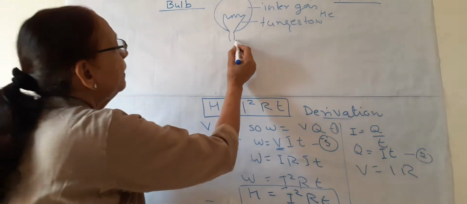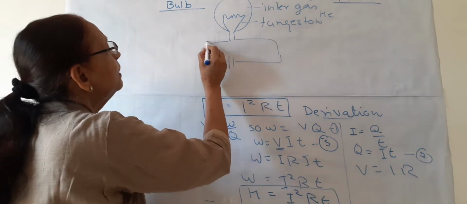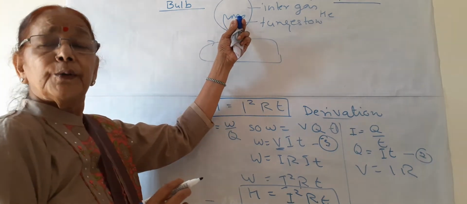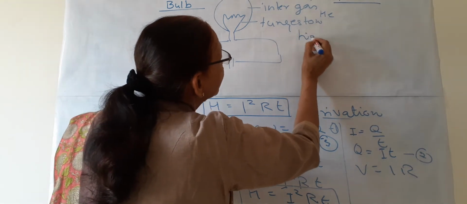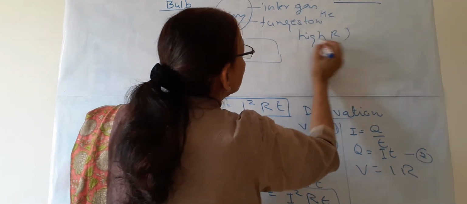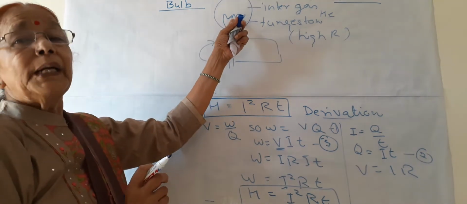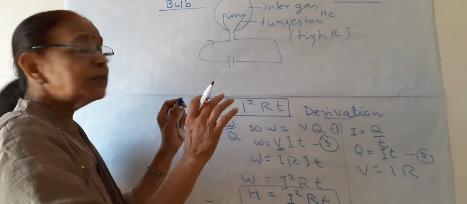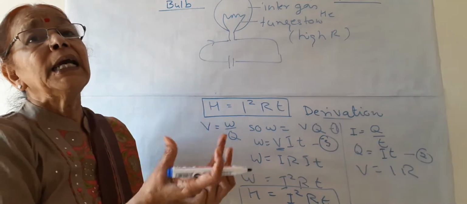So what happens when electric current passes through this bulb? This current goes into this filament. This filament has very high resistance. So due to the high resistance, this filament opposes the flowing of the current, and it gets heated up.